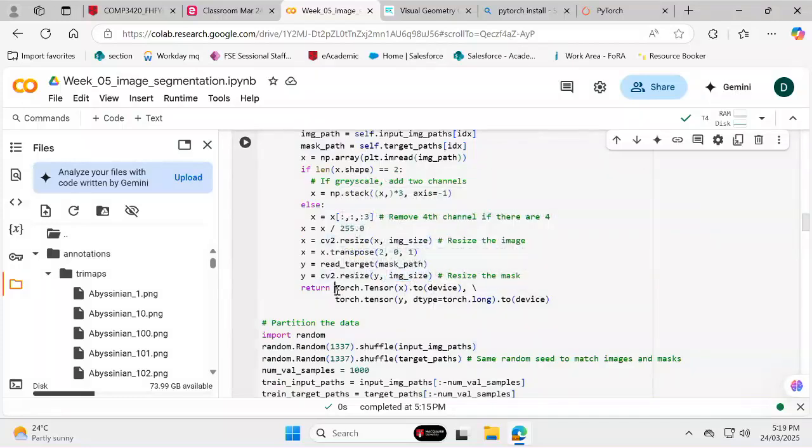Once you have all that, then convert to a tensor and move it to the device for the images. And then for the target, tensor, making sure the type is integer long, otherwise you have some error messages, and then to the device.